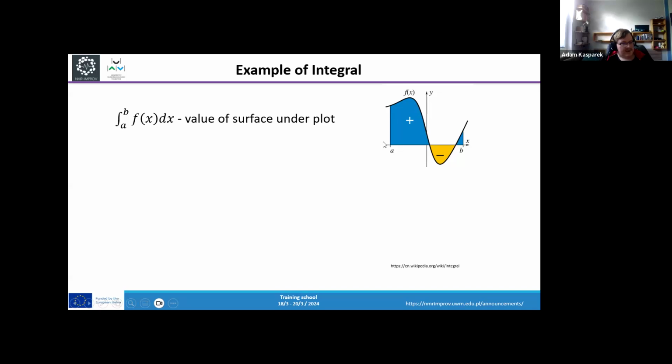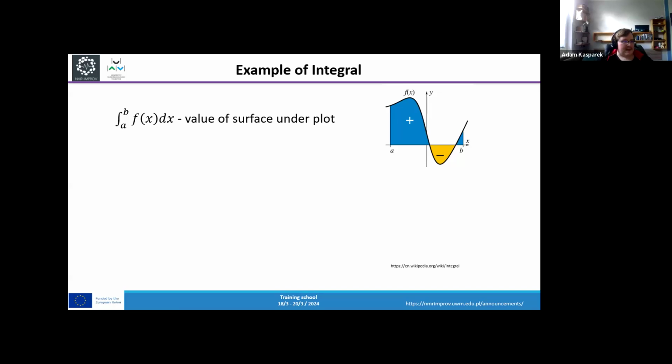If the value is positive, we add this surface. If the value is negative, we subtract this surface. In the most basic way, this is simply the integral.